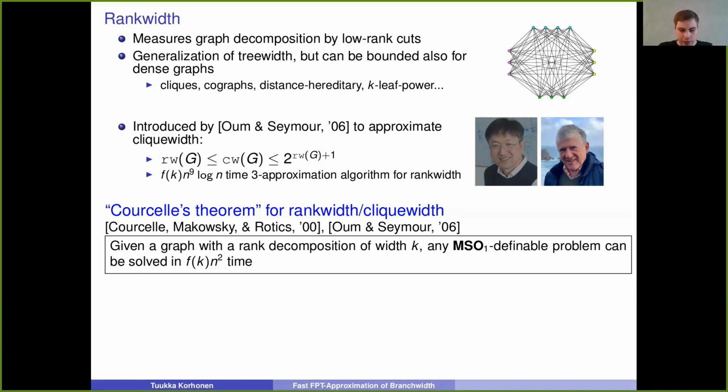They showed that given a graph with a clique width decomposition of constant width, any MSO1 definable problem, like three-coloring or maximum independent set or minimum dominating set, can be solved in polynomial time. However, before Oum and Seymour, it was not known, if I give you a graph with bounded clique width, how to actually construct this decomposition of bounded width.